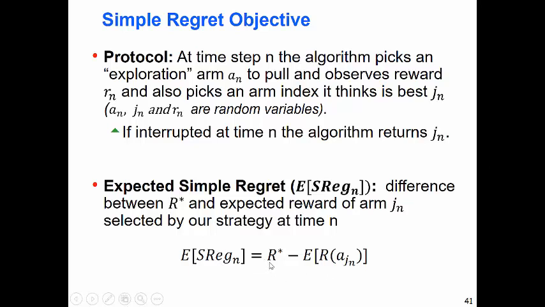R star is the reward of the best arm, and at time step n, this is what we would predict to be the best arm, A_{J_n}, and this is its expected reward. And so the difference between these two is the expected simple regret. Does that make sense?